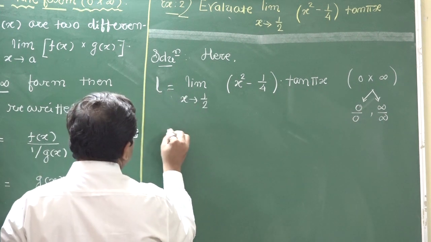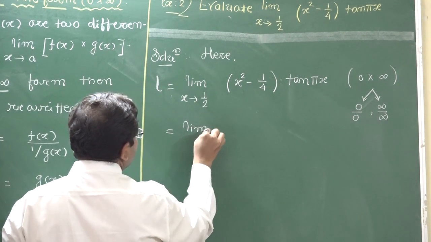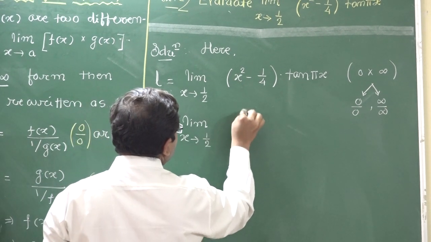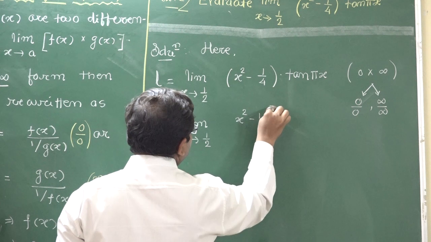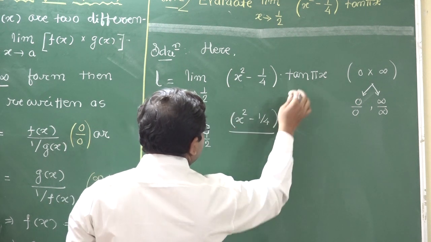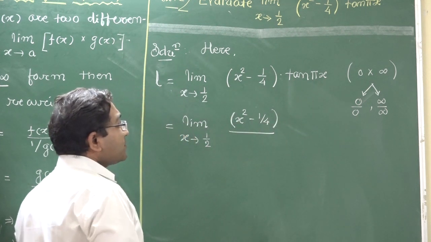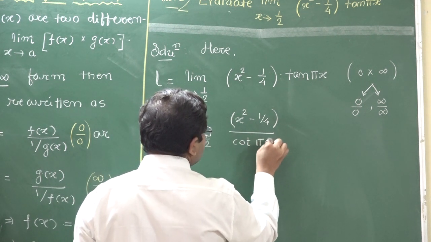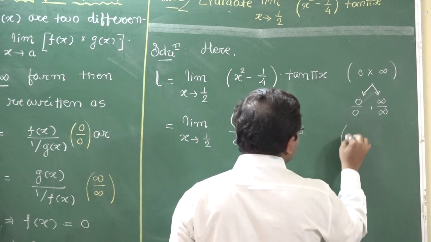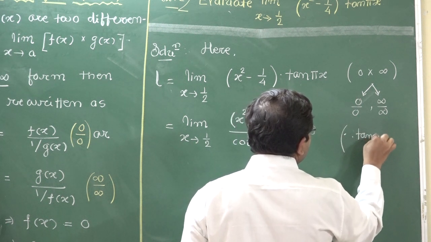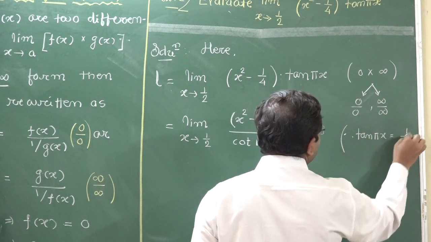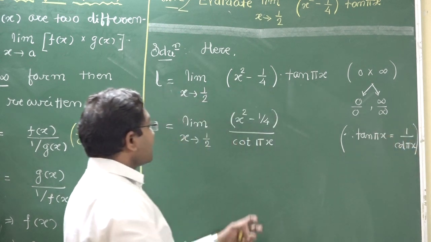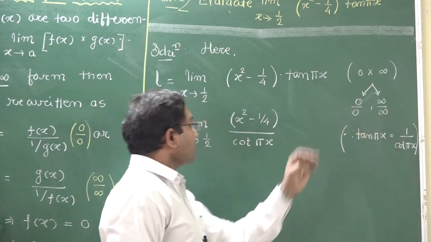So here that can be rewritten as limit x tends to 1 by 2 of x square minus 1 by 4 as it is, and tan pi x becomes a denominator, and that becomes cot pi x. Here tan pi x can be rewritten as 1 upon cot pi x.